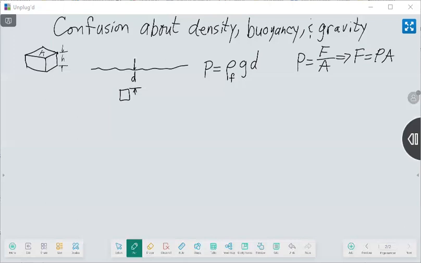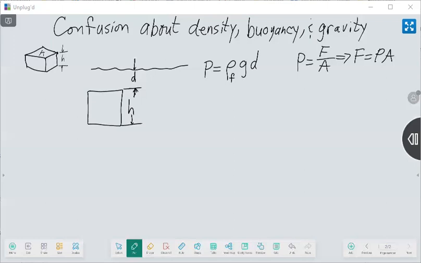All right, now let's take our box and let me erase this and draw it a little bigger. Okay, so here is our box, just shown in 2 dimensions. The top is at some depth. Its height is H. So what do we have going on?